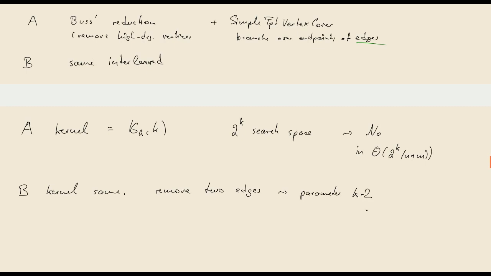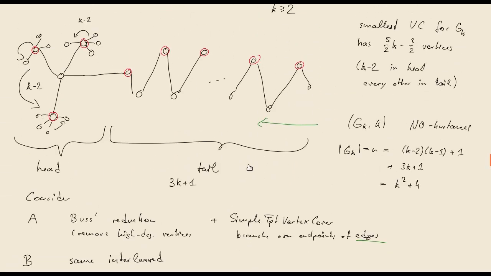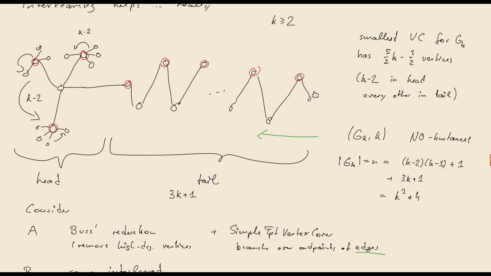Well, and at this point, a part of the tail will be gone, but all the head will still be there. But now with k minus 2, these nodes have degree... Okay, maybe we need one more, right? Maybe we need 3 edges because the reduction says degree is strictly greater than k, or is it?